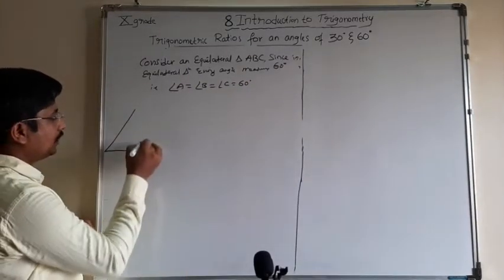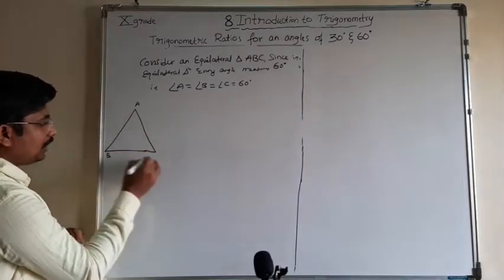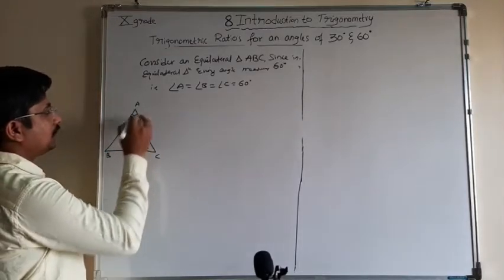I will draw an equilateral triangle here, A, B, C, with each angle 60 degree.